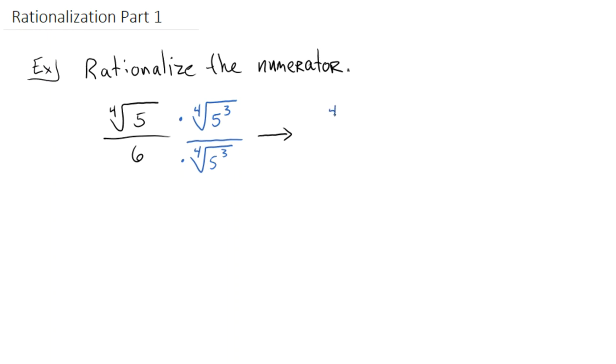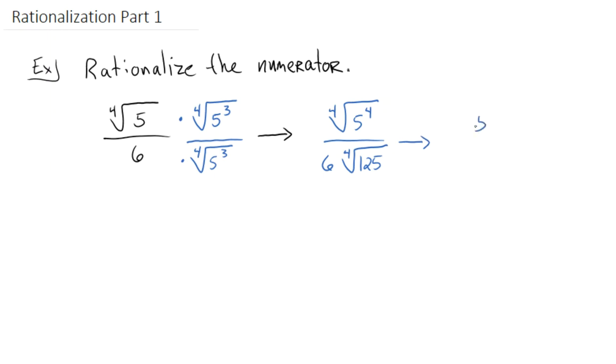So in the top, I have the fourth root of 5 to the fourth. In the bottom, I have 6 times the fourth root of 5 to the third, which is 125. I'm going to go ahead and calculate that out because it's not going to simplify. I left it in exponent form in the top to emphasize how it'll simplify.